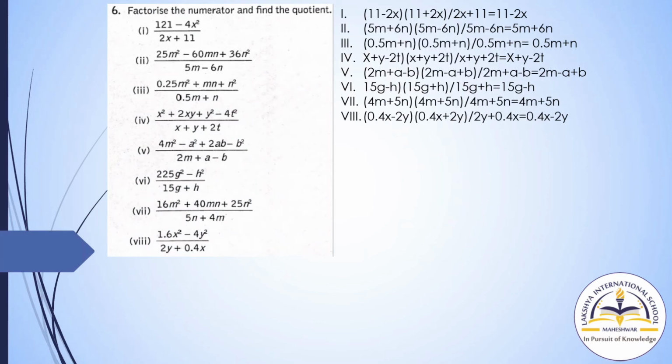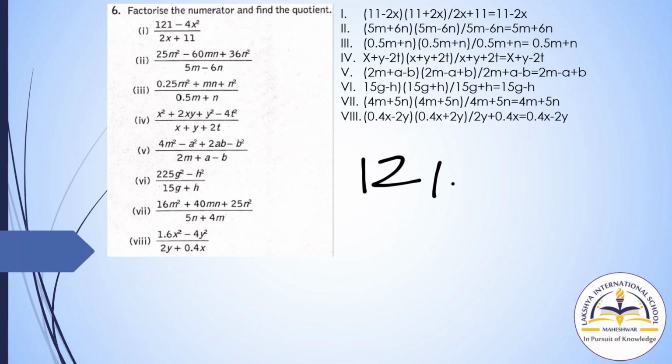Now question number 6. Factorize the numerator and find the quotient. 121 minus 4x square divided by 2x plus 11. Now for the numerator we will solve here, that is 121 minus 4x square.